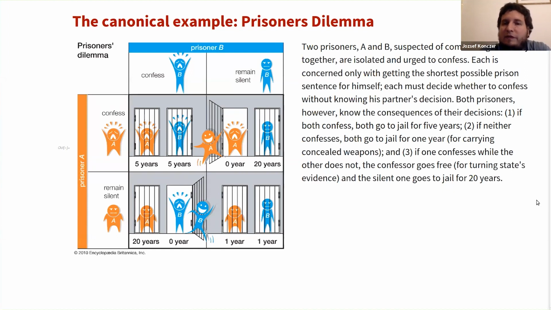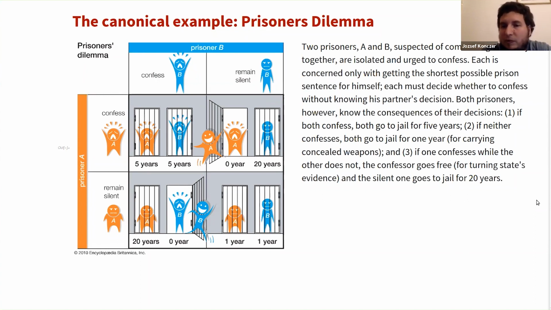One, if both confess, both go to jail for 5 years. Two, if neither confesses, both go to jail only for 1 year. And three, if one confesses while the other does not, the confessor goes free, and the silent one goes to jail for 20 years. So, reiterating, if they both confess, then both get a pretty big sentence.